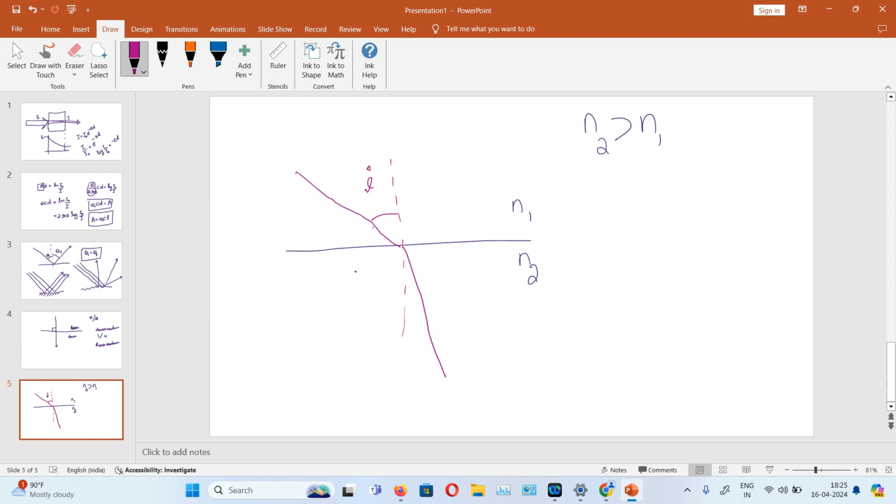This is I, this is R. If N2 is greater than N1, then I will be greater than R.